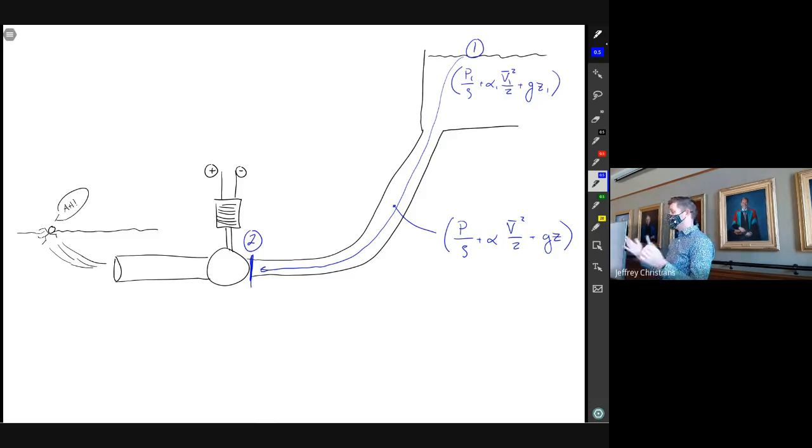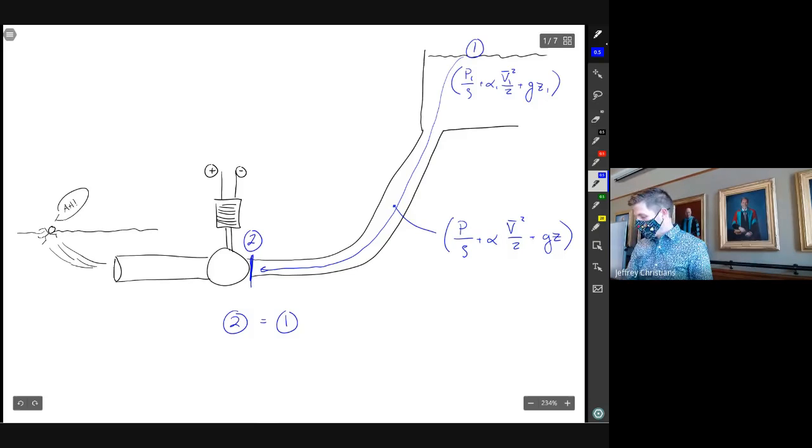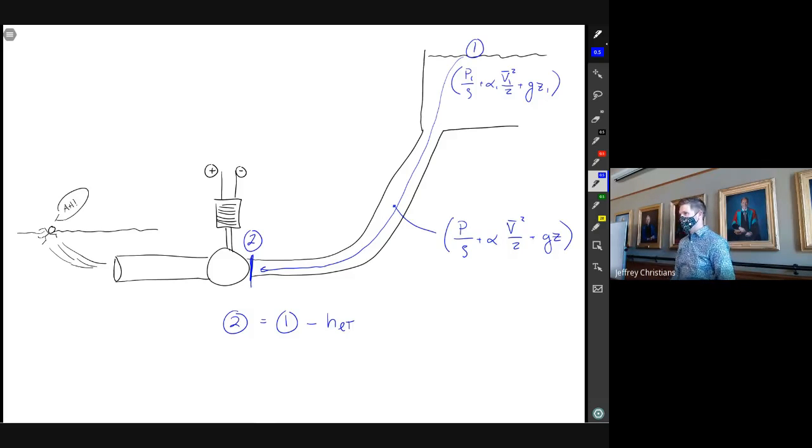Conservation of energy tells us that unless the energy changes to some other form, or we put it in or take it out, energy is conserved. So the energy at 2 should be equal to the energy at 1 minus our losses. So this would be minus what we call the head loss. There are different ways that we can figure out how much head loss we have, how much energy we're losing to friction.